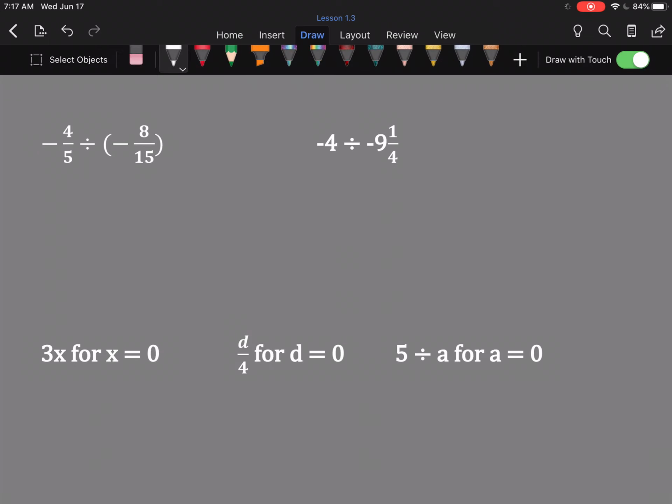Division by a fraction. Let's remember we can't actually do that. So hopefully we remember that in order to divide, it's a two-step process: change the problem to multiplication and flip the second fraction.